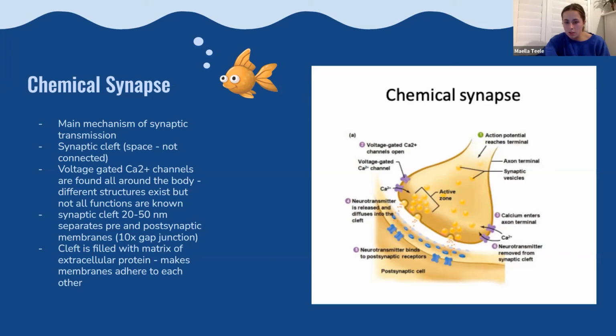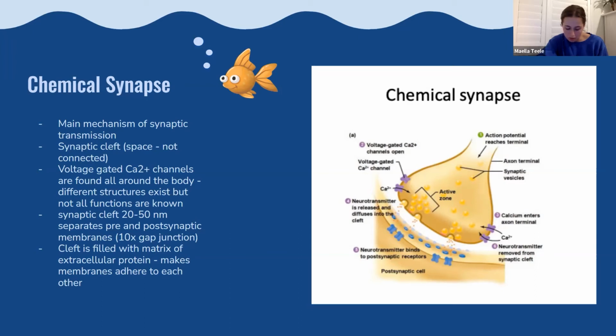If you have a look at step 2, we've got our calcium entering the axon terminal. Then calcium acts as an intracellular messenger to bind with the proteins in the axon terminal, which then results in the formation of these synaptic vesicles. If you see these little yellow dots, which are termed the synaptic vesicles, they're what's being formed.